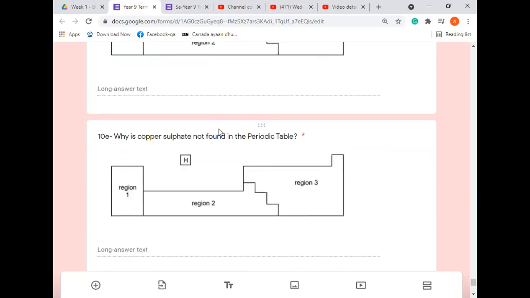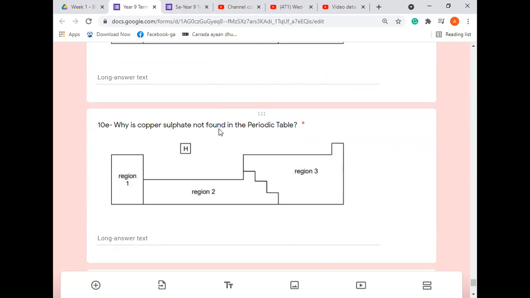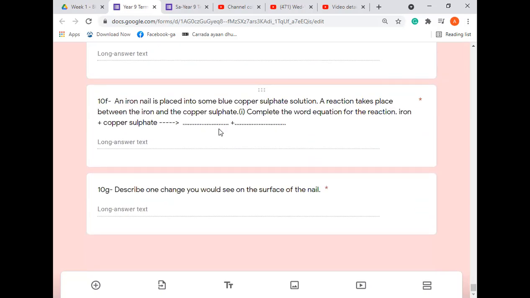Why is copper sulfate not found in the periodic table? An iron nail is placed into copper sulfate solution. A reaction takes place between the iron and the copper sulfate. Complete the word equation for the reaction: iron plus copper sulfate. Describe one change you would see on the surface of the nail.